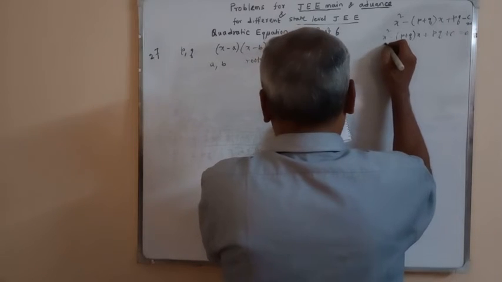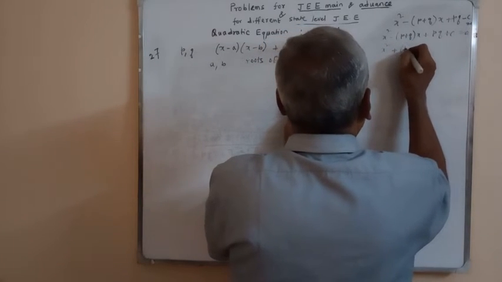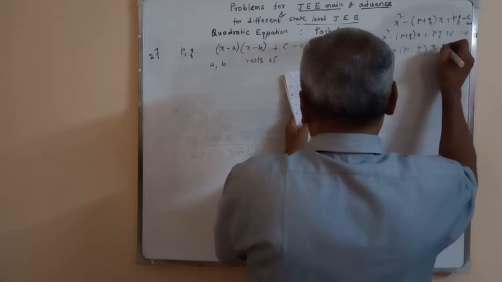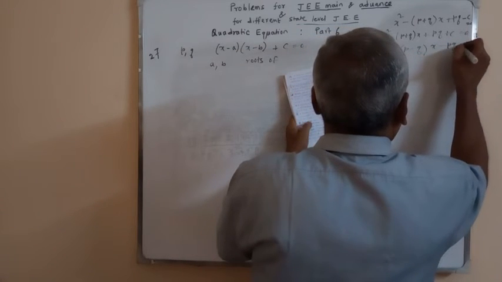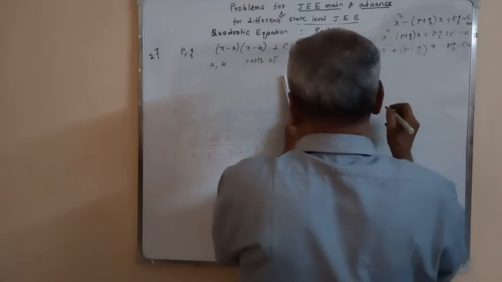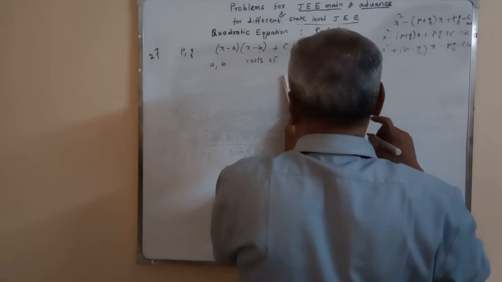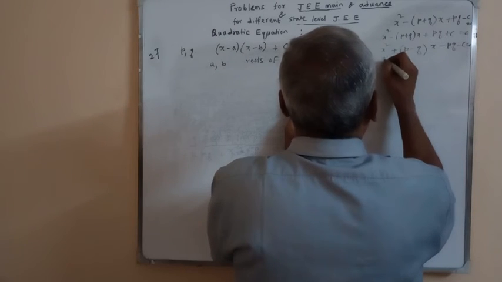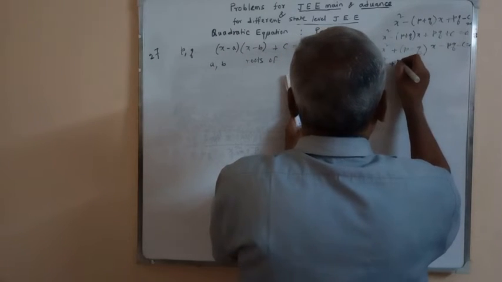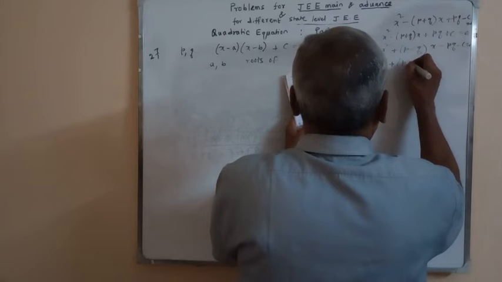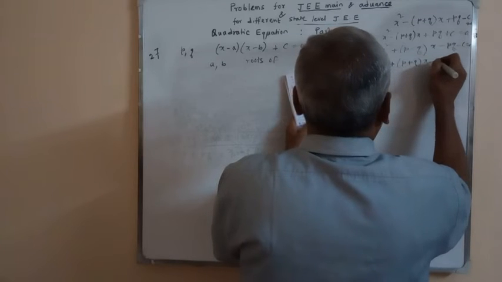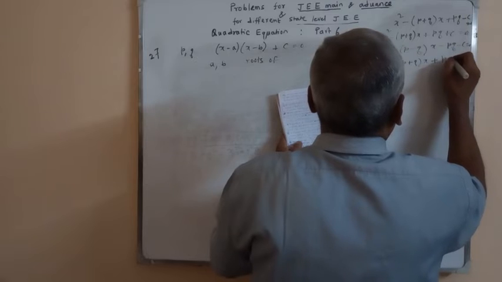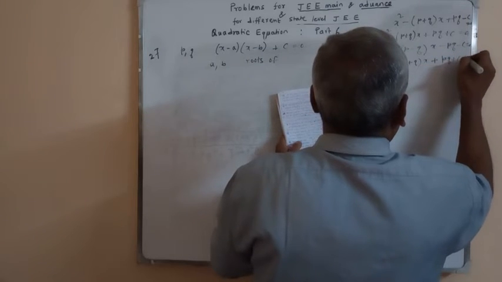Then: x square plus (p minus q) into x minus pq minus c is equal to 0. And the other is x square plus (p plus q) into x plus pq plus c is equal to 0.